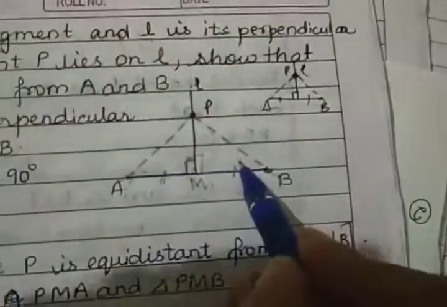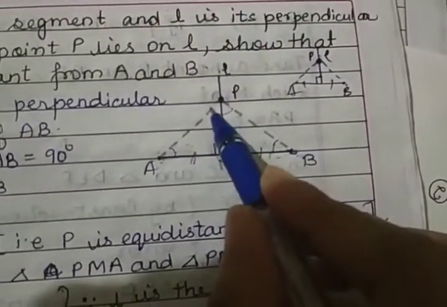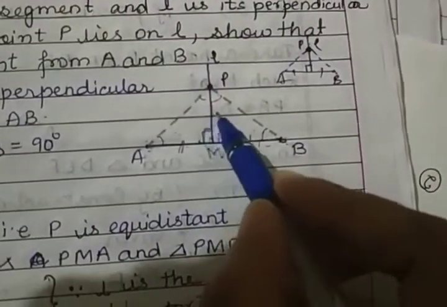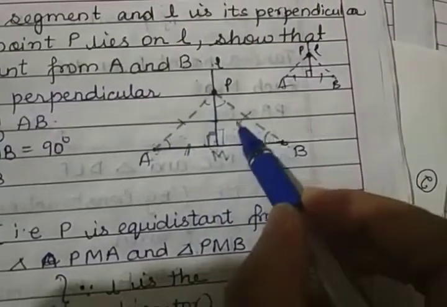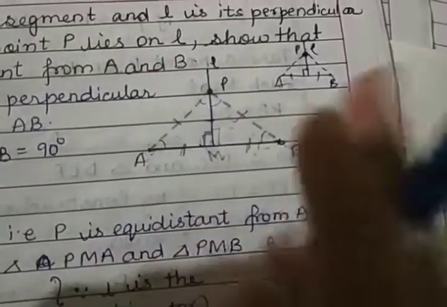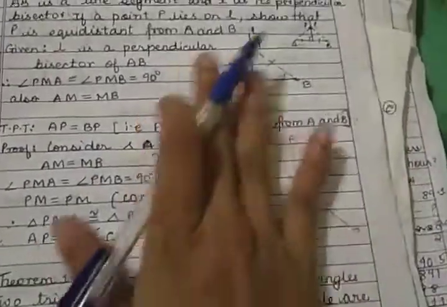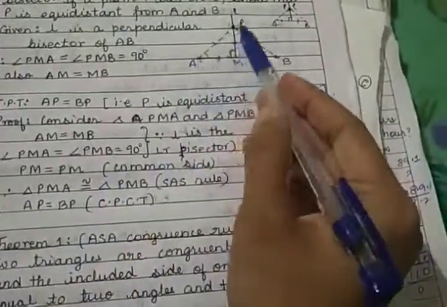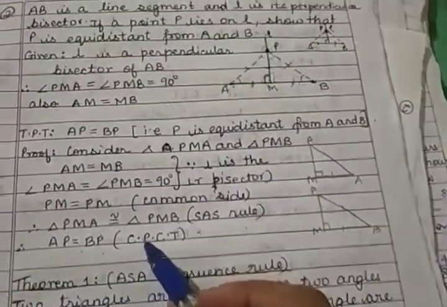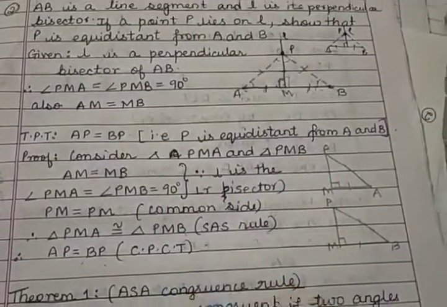If these two triangles are congruent, the corresponding angles and sides will be equal, because all these are corresponding parts of the congruent triangles. In this I want only AP and BP, so I will take that. So here AP is equal to BP because of CPCT, that is corresponding parts of congruent triangles.